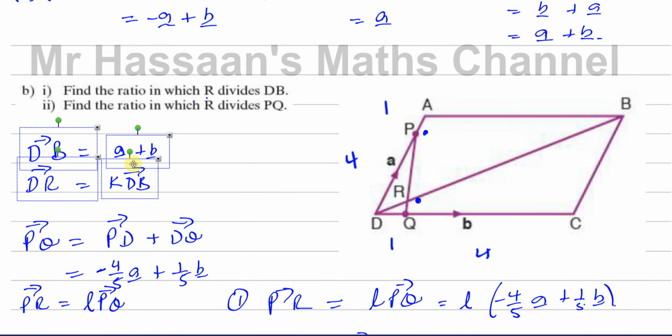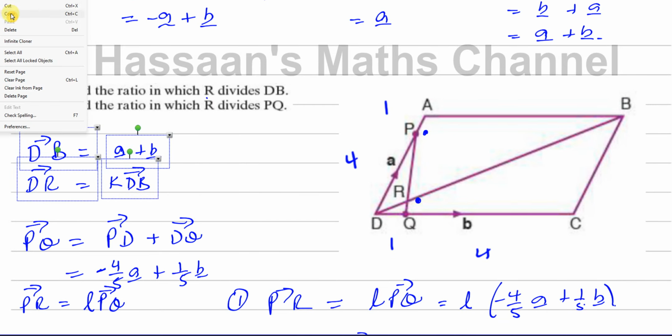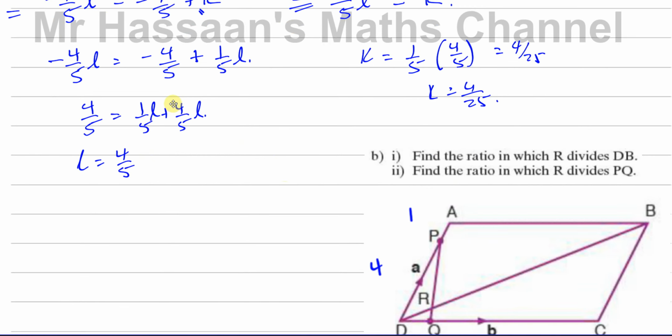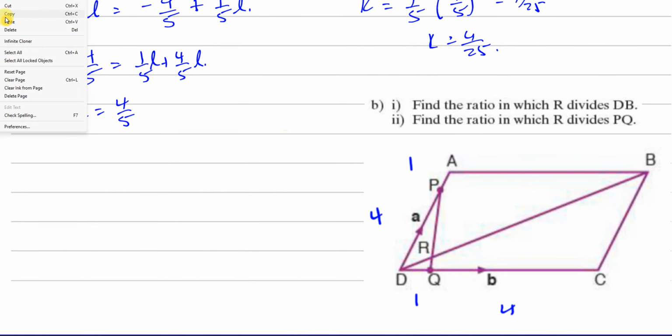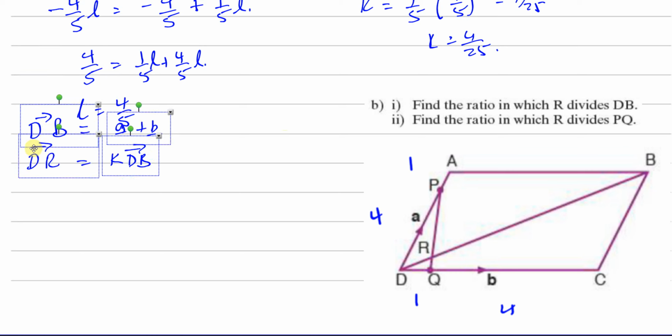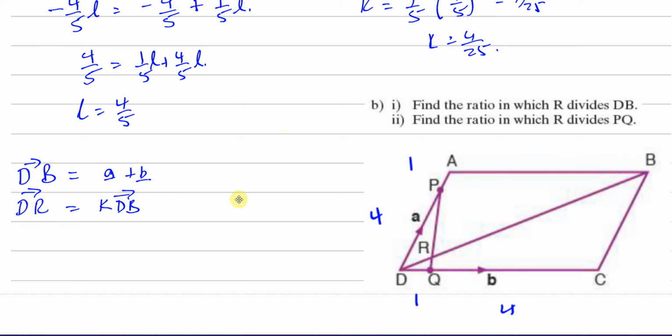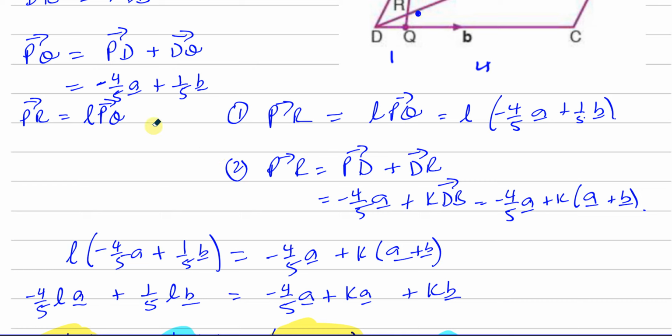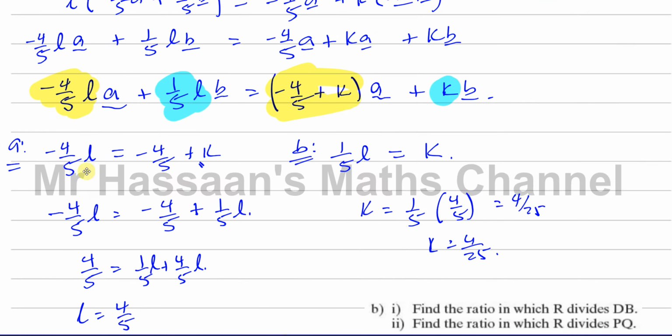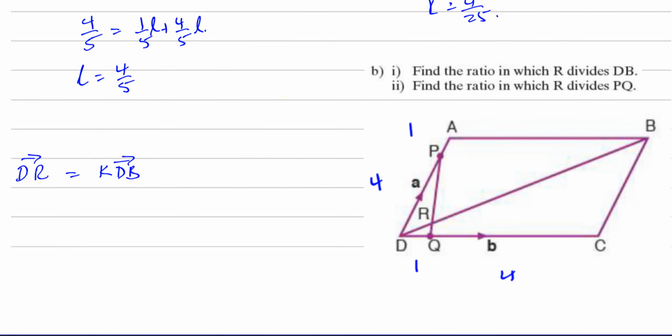Now, if I take this and copy it and paste it down here so I can see what I'm doing. In fact, I don't need this statement. I need this statement, and I also need this other statement about PR. Those are the two statements I need. That will help me.